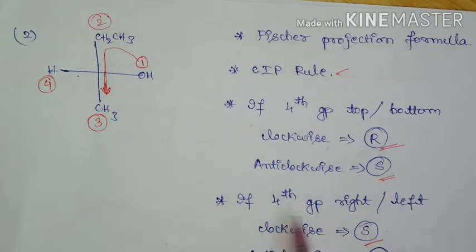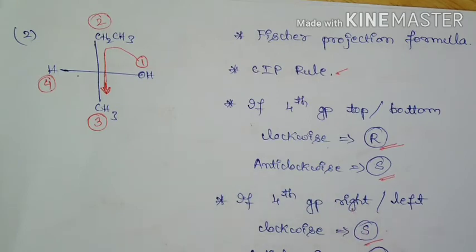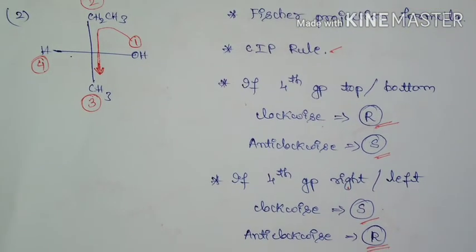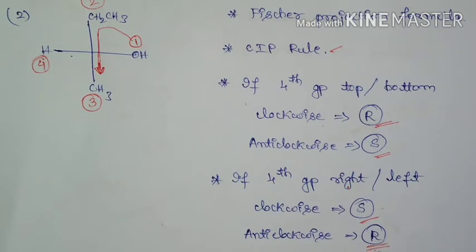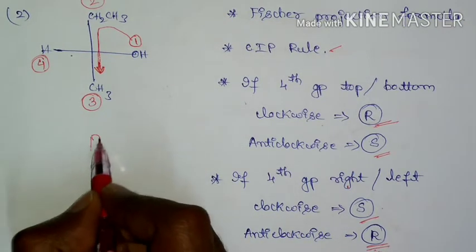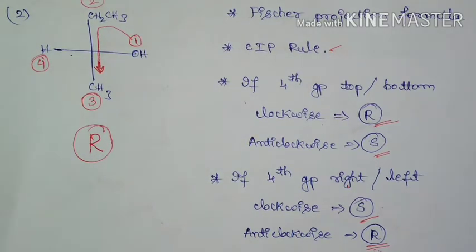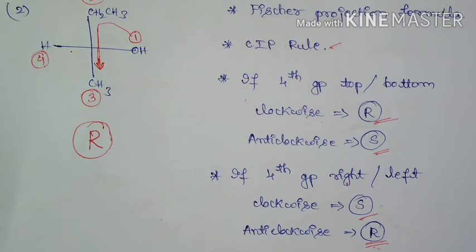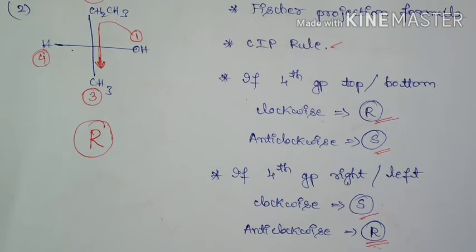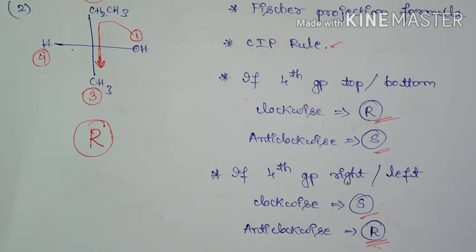For the fourth group on the right or left side, anti-clockwise movement of priorities means the configuration of this compound will be R, not S. So for the second compound, the configuration is R.